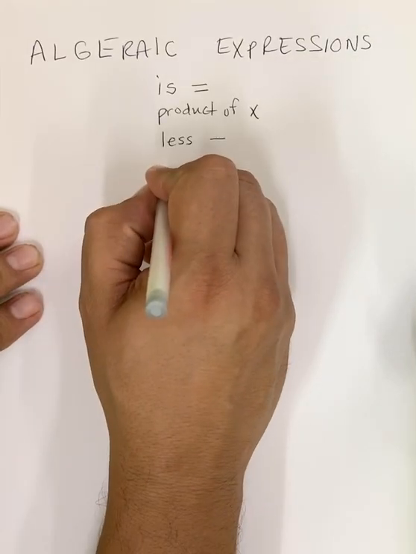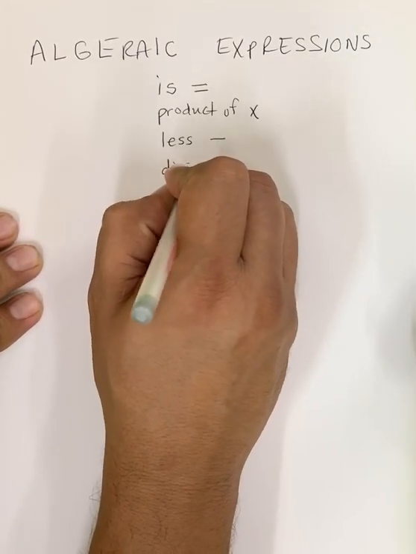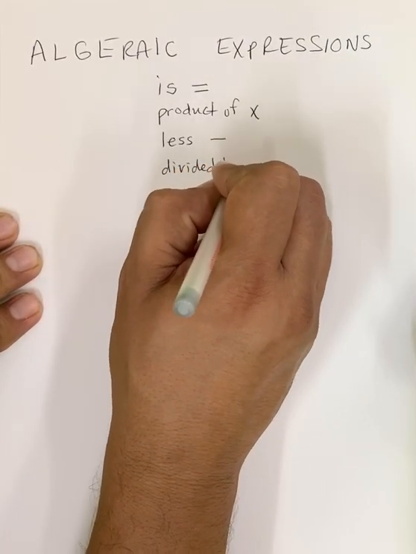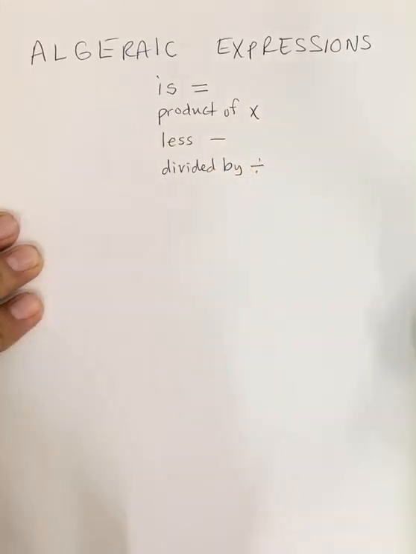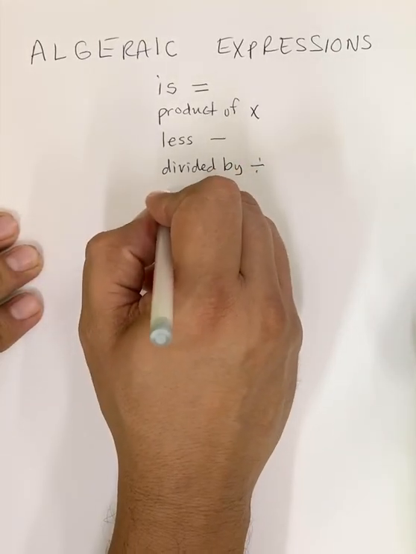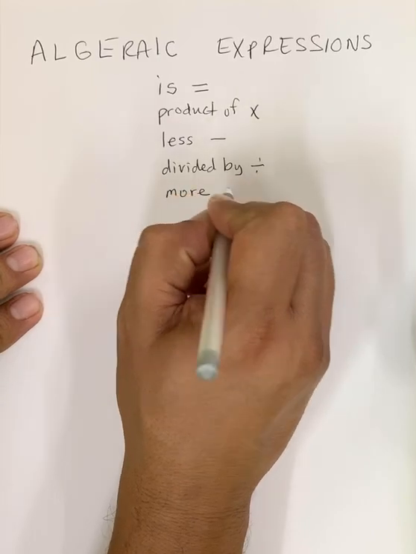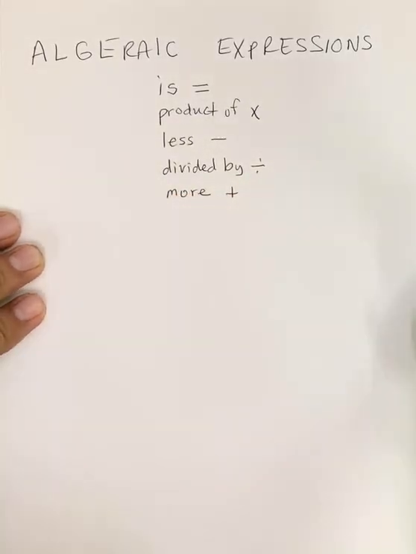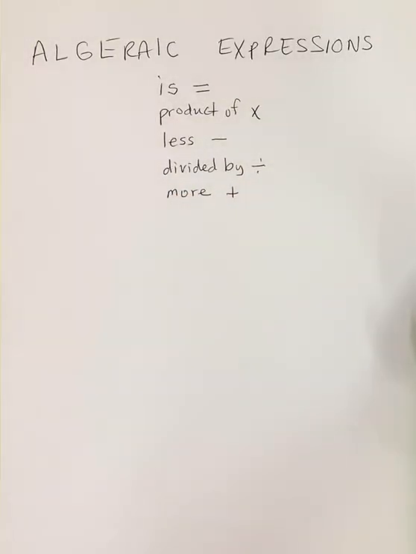Whenever you hear me say divided by, of course, it's division. And whenever you hear me say more, of course, we're talking about plus. So once again, this is 6th, 7th, and 8th grade algebra. And today, we're going to be writing each phrase as an algebraic expression.